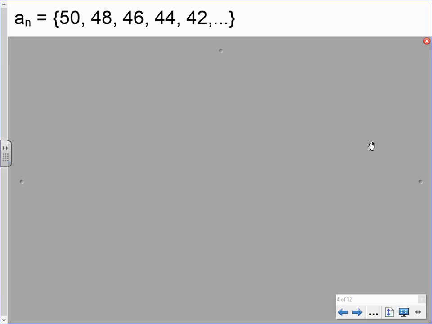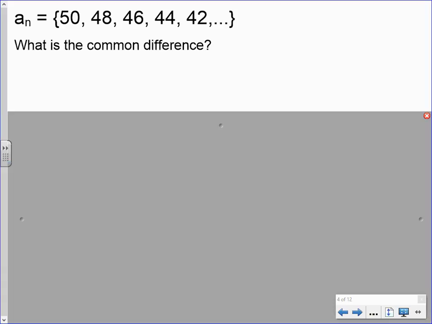Is this an arithmetic sequence? If it's an arithmetic sequence, then it has a common difference. What is that common difference? Ryan? 2? Well, maybe. I would write it as -2 because from term to term we decrease by 2 every time. So we're diminishing by 2.